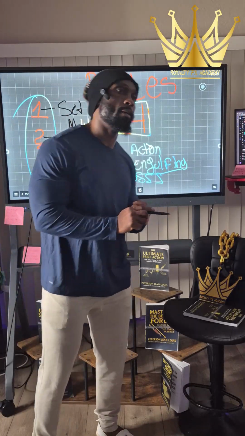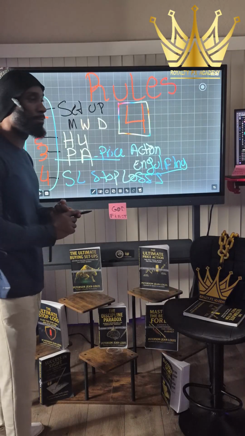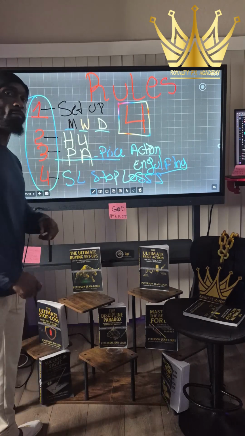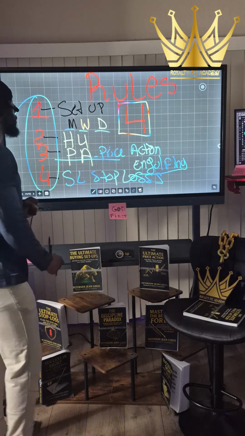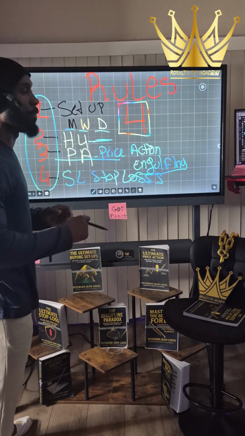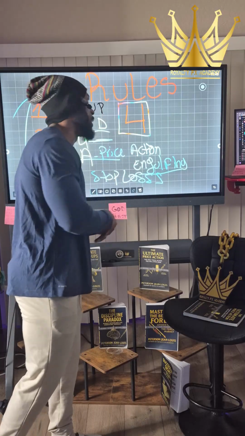So again, your rules when it comes to trading the market. Rule number 1, use the higher time frame for your setup, monthly, weekly, or daily. Rule number 2, always and only use the 4 hour time frame for the executing time frame. That is the lowest time frame you will drop down to.